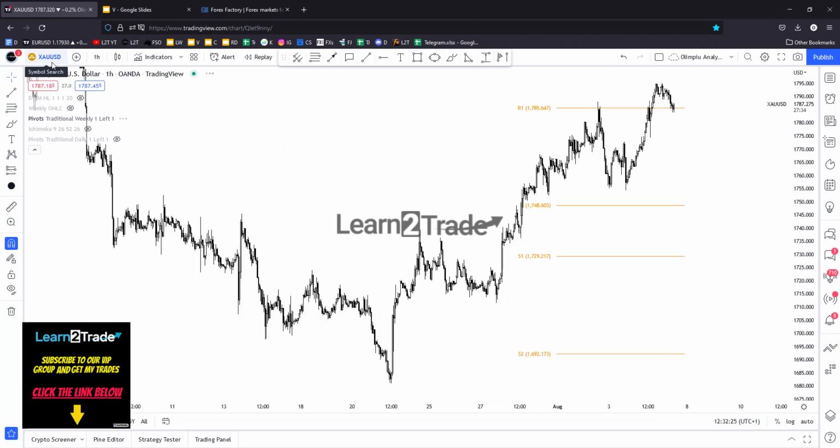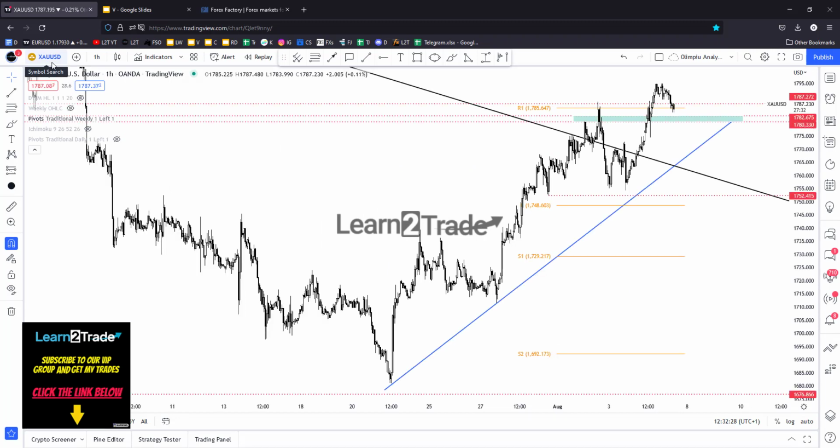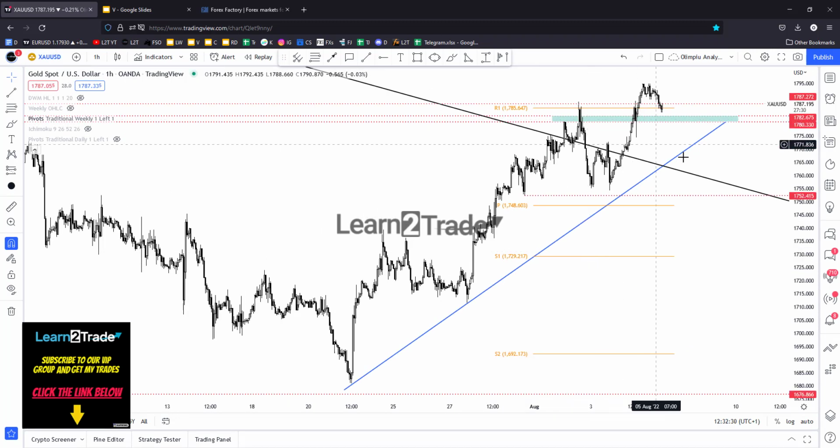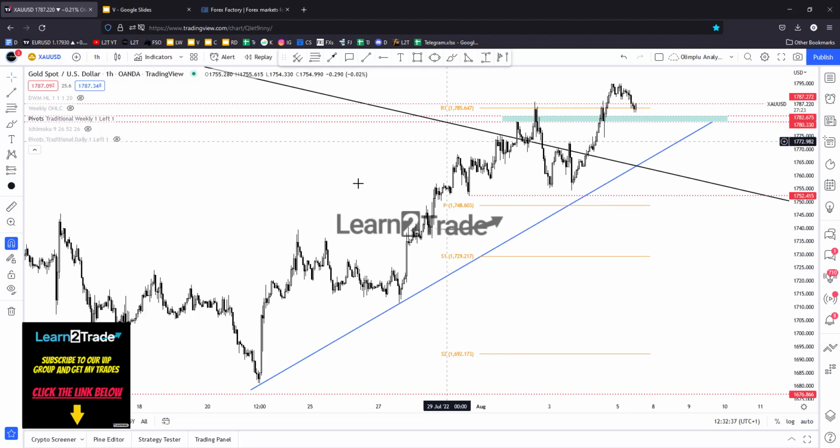In my opinion, we don't have a strong negative correlation, but after its strong rally, it could still invalidate its breakout above these levels if the dollar index develops a strong upside movement, and if the US dollar appreciates versus its rivals.